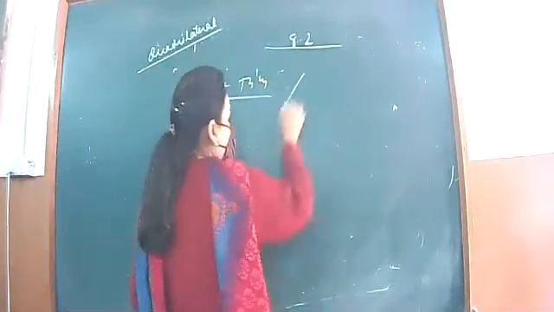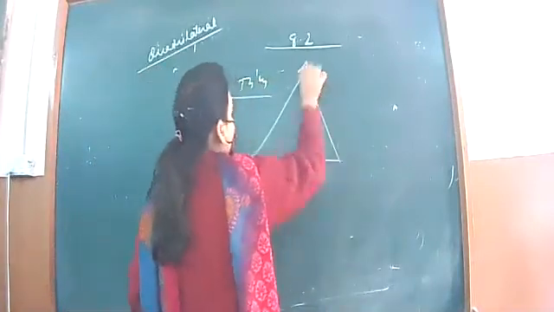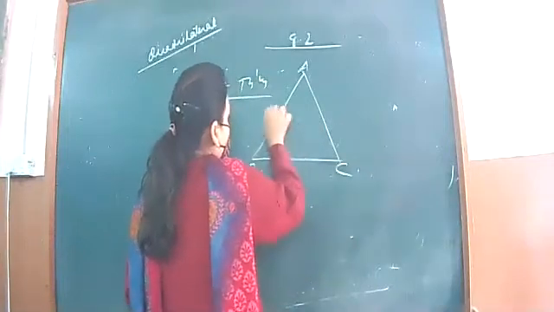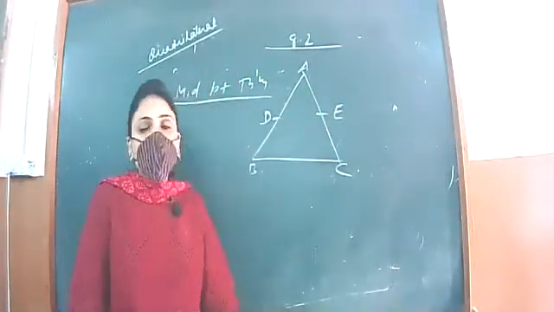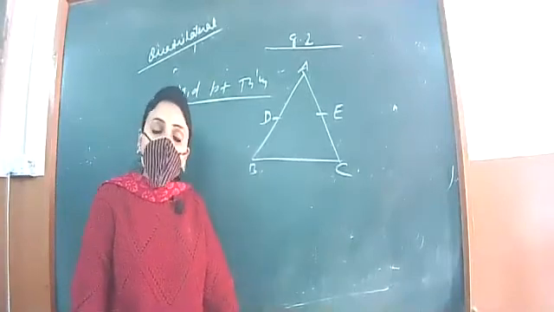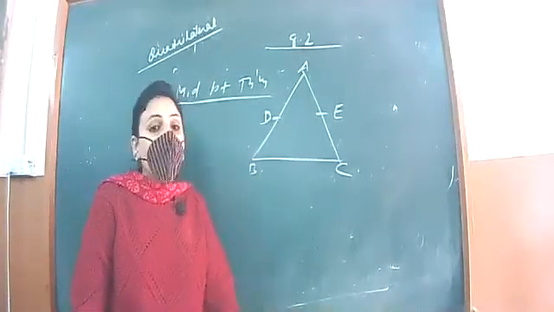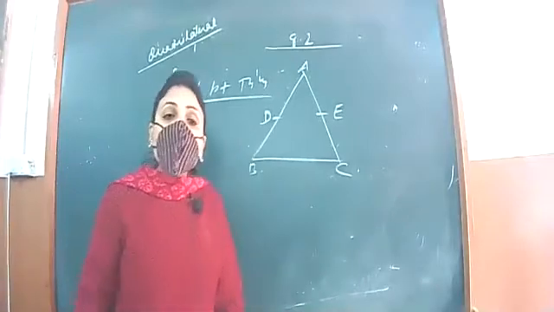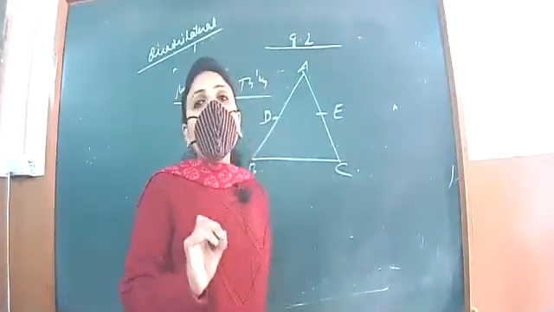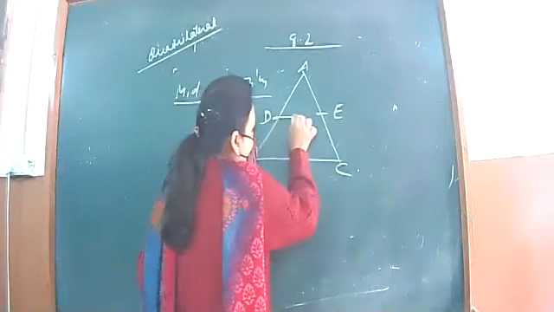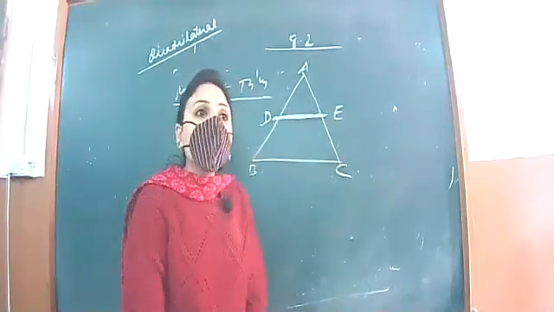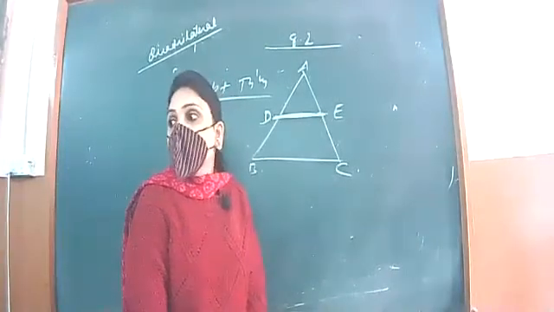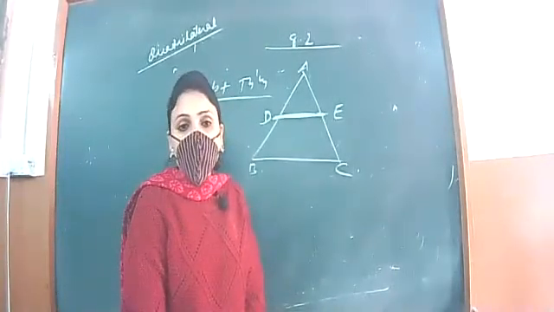There is a triangle like this. Two sides are having their midpoints as D and E. And what theorem says? Theorem says that line joining the midpoints of two sides of a triangle, कौन सी line बनी?